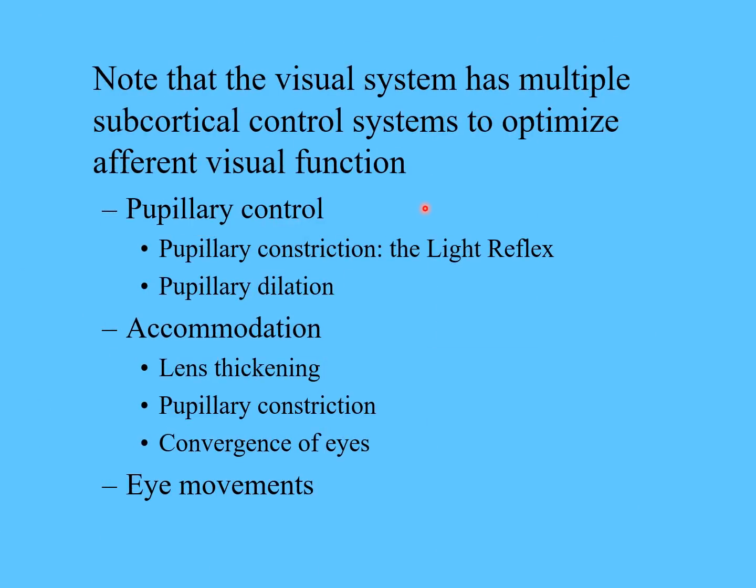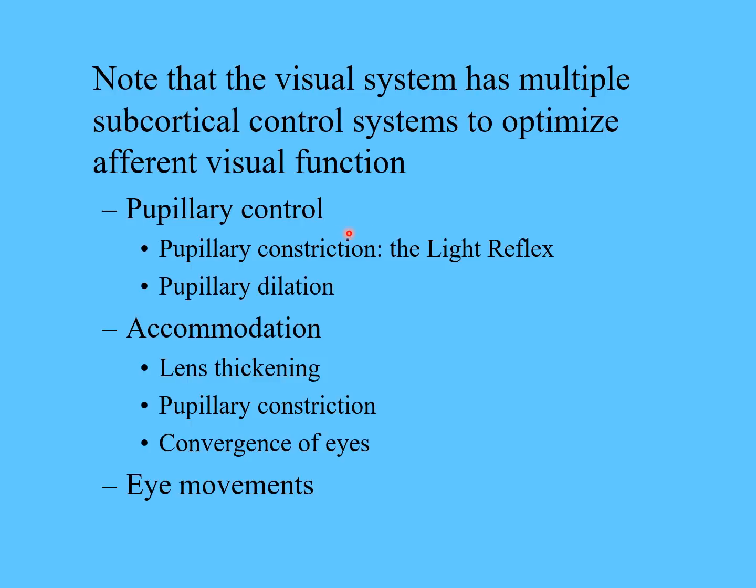Also, the visual system has multiple subcortical control systems that optimize vision. One is pupil, and that is pupillary constriction, which optimizes the amount of light coming to the eye to get the best visual image and reduce scatter, but also it is a way of testing the visual pathway.